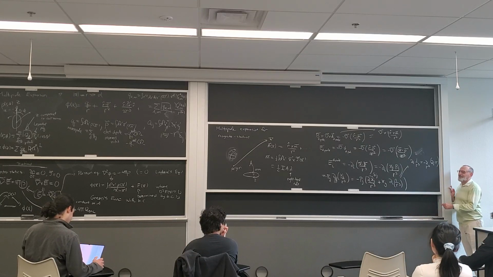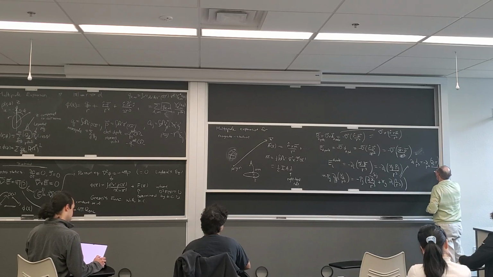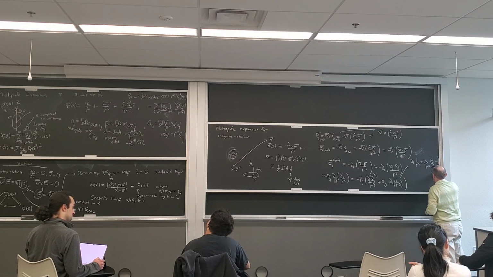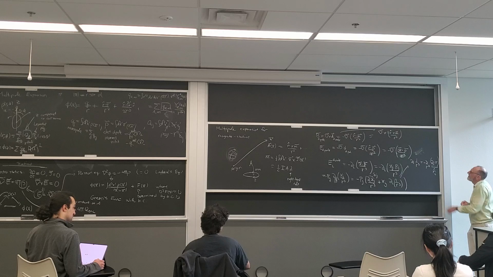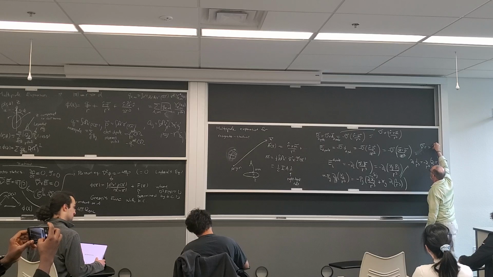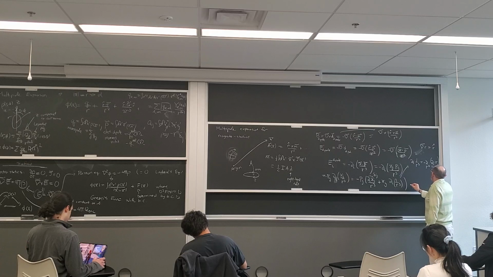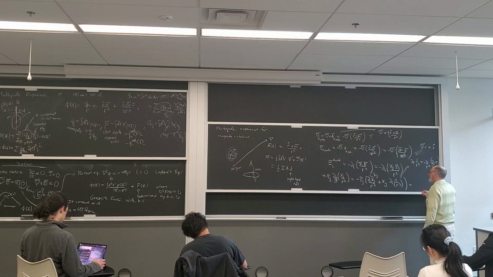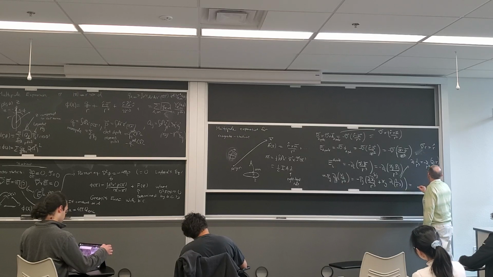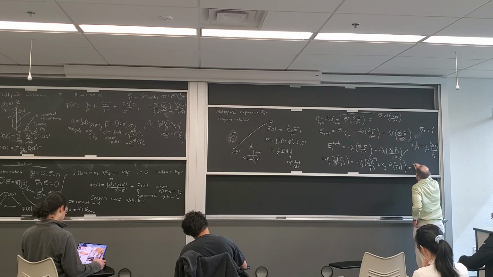Okay, so now this partial derivative is r hat. It's the direction. There's lots of ways to do that, but the gradient of r is r hat. So putting that all together, what I get is the electric field.